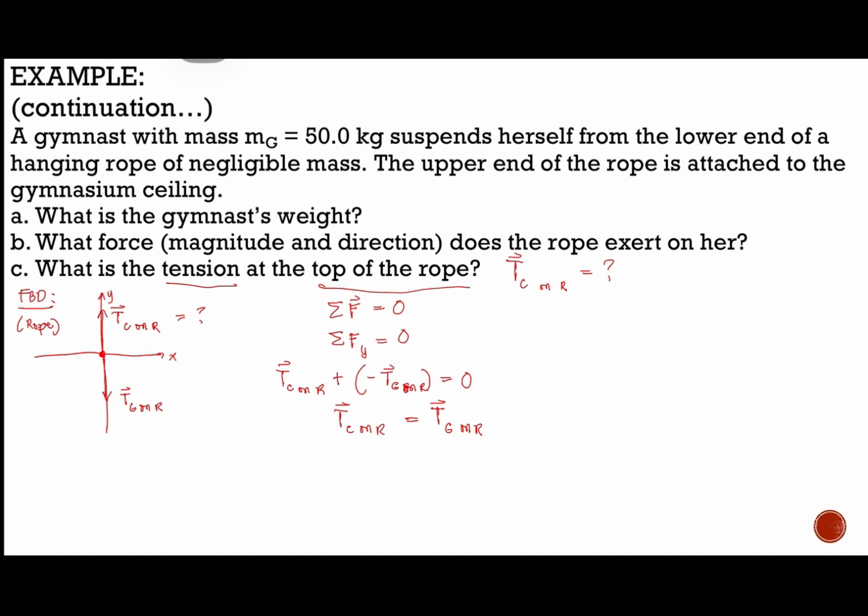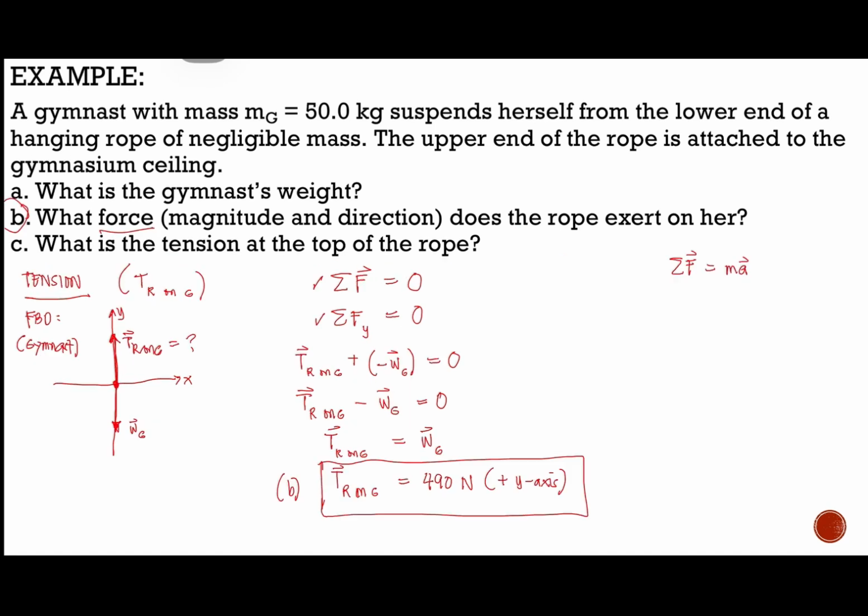So its value is still 490 newtons, but since this is an action and reaction pair, it becomes negative. Right, this one is the positive y-axis.